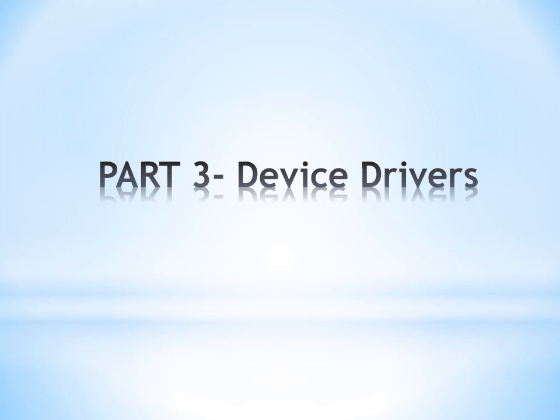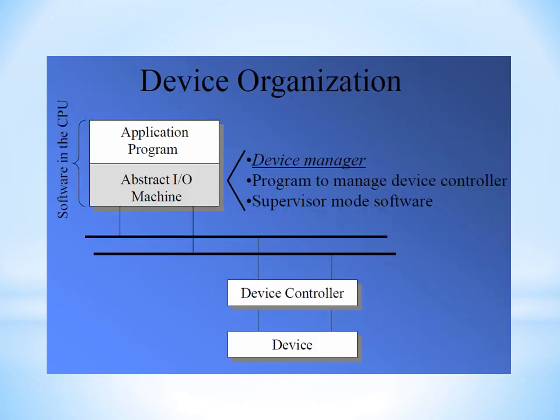In this chapter, we will introduce how the device driver works in the operating system and how the operating system manages the input-output devices. The control of devices connected to the computer is a major concern of the operating system designer because input-output devices vary so widely in their function and speeds.